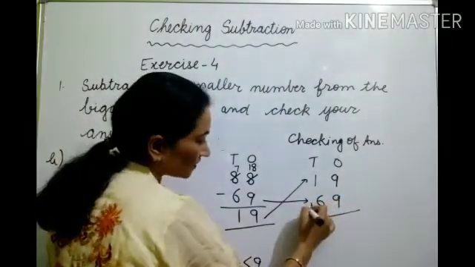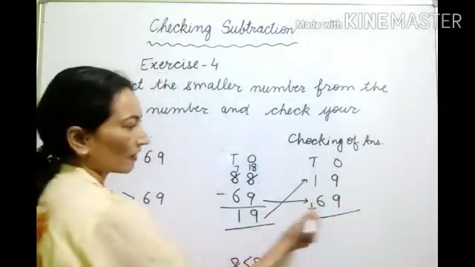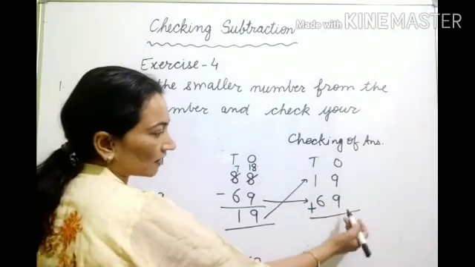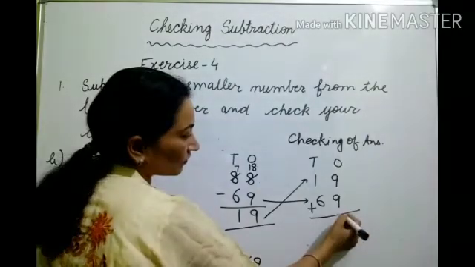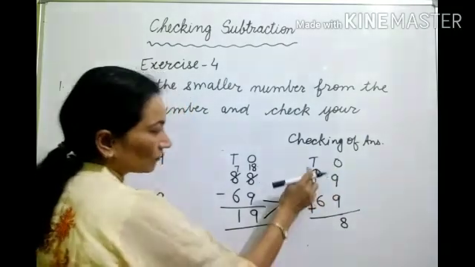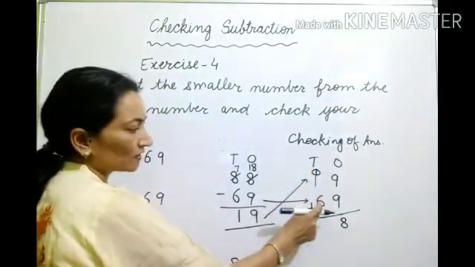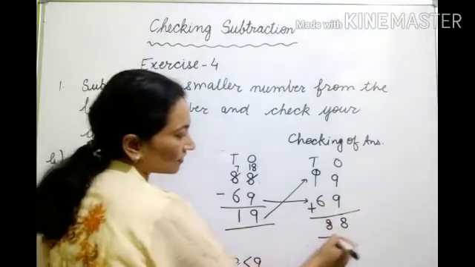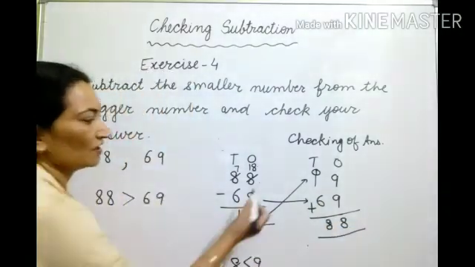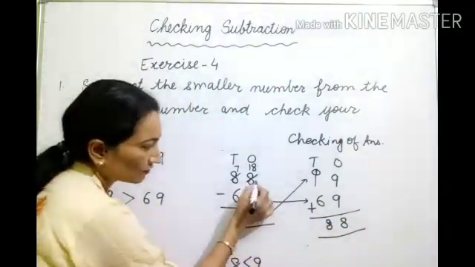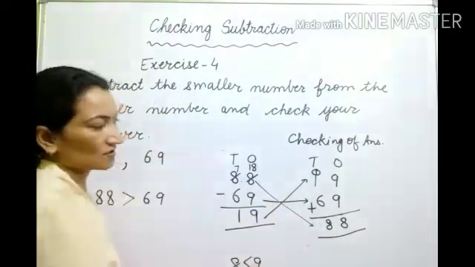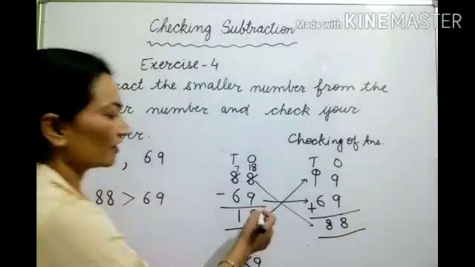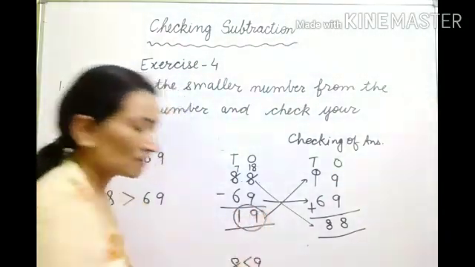Now we will add these two numbers. 9 plus 9, 18. 1 will go carry. 1 plus 1, 2. 2 plus 6, 8. Now we will match our answer to the bigger number. 88 here, 88. We get the answer. So our answer 19 is correct.